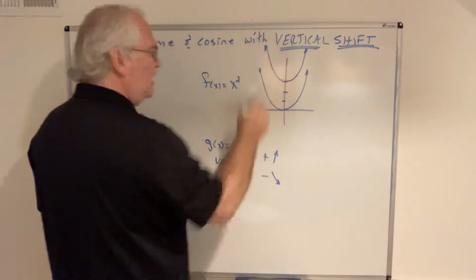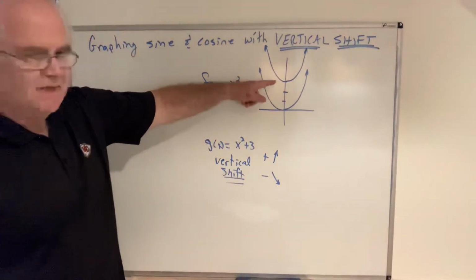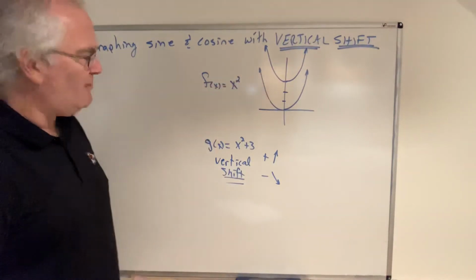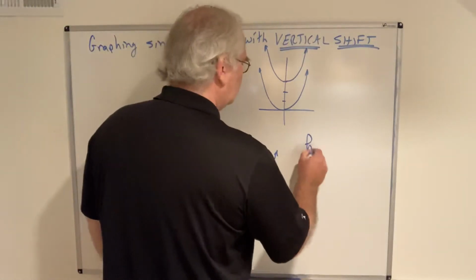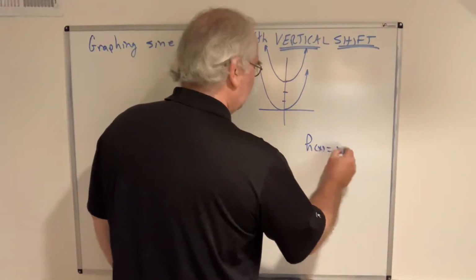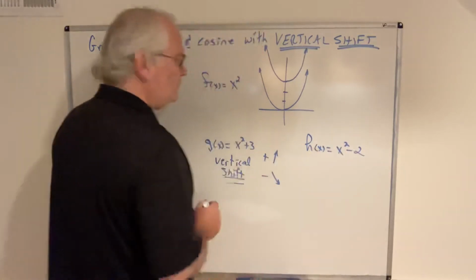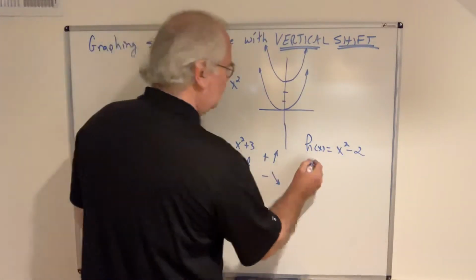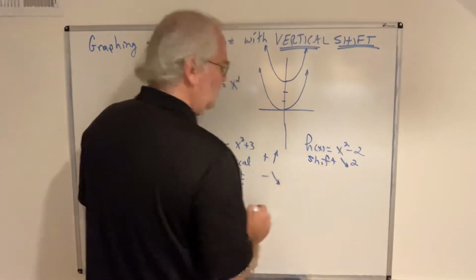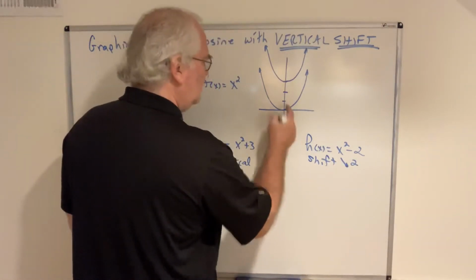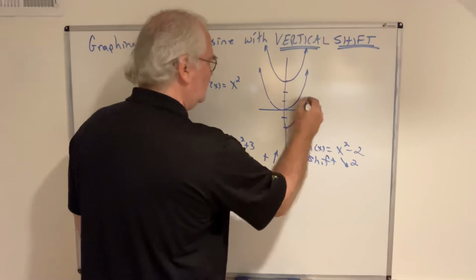And you could plot points if you wish, but that's the basic occurrence here, is we're shifting this up 3 units. If we had h of x is equal to x squared minus 2, that would correspond to shift down 2 units of the basic square function.